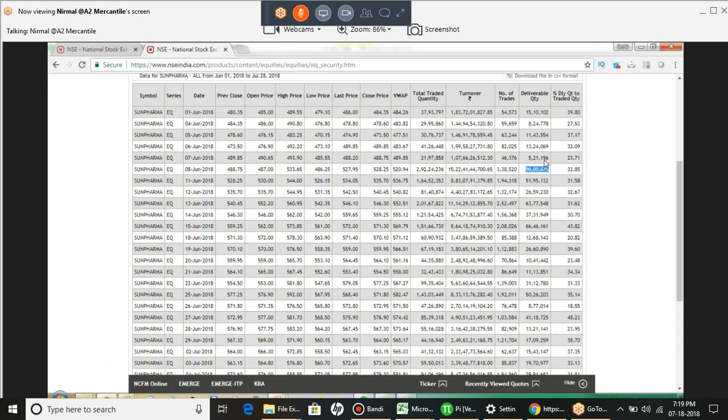Look at it, it is almost 20 times volume. A very significant activity has happened on this particular day. 20 times volume is not a joke, right? It has to do seriously with something, and these are the kind of breakouts which will change the trend completely.